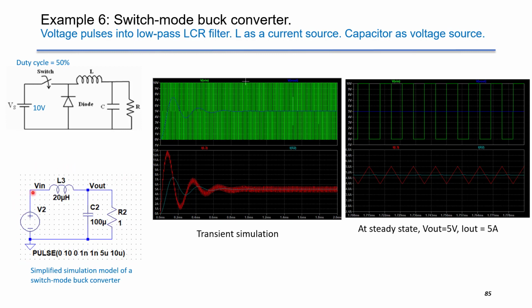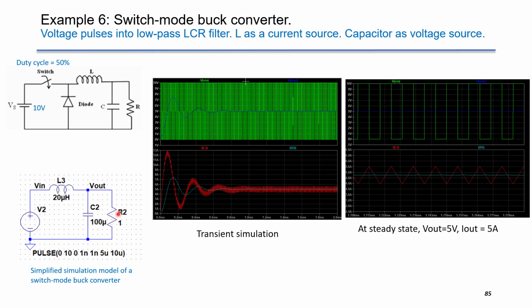Another way to look at this simulation is to use the average model. In the average model, Vin is 5 volt, which is 10 volt times duty cycle of 50%, and the LC filter during steady state can be simplified as short for inductor and open for capacitor. This model can be further simplified as a 5 volt average voltage into a resistor of 1 ohm.